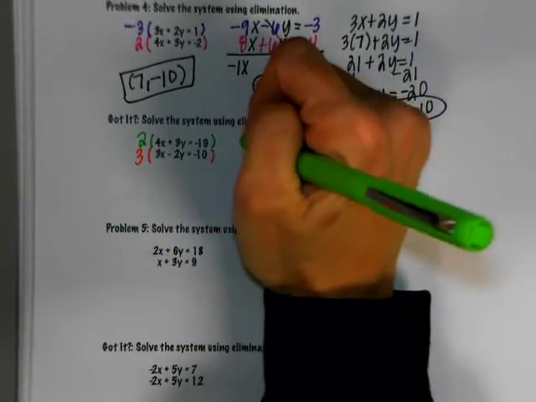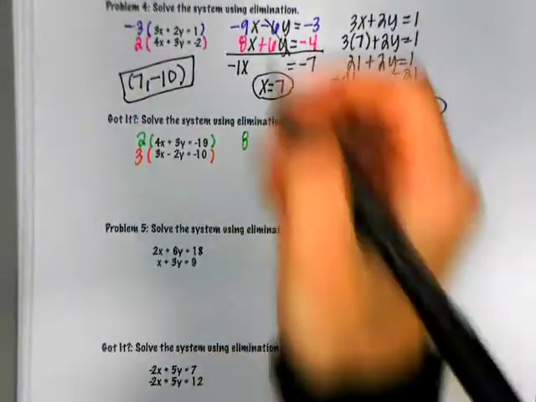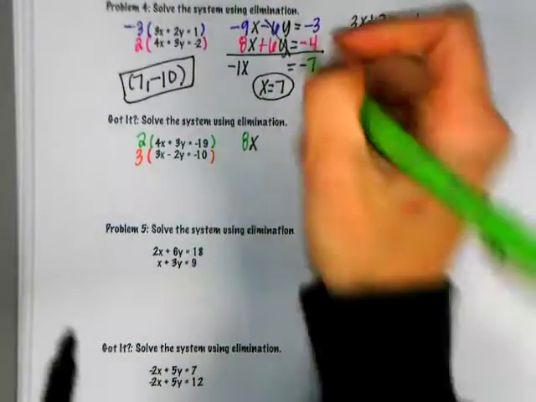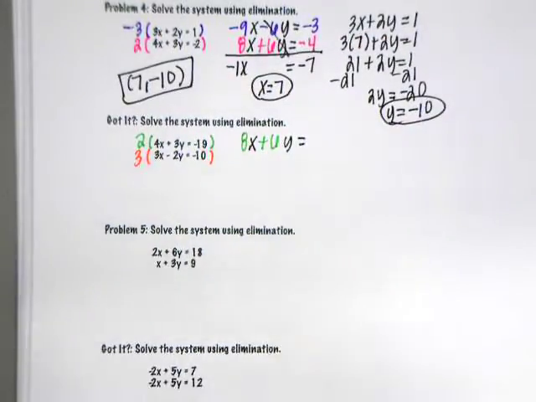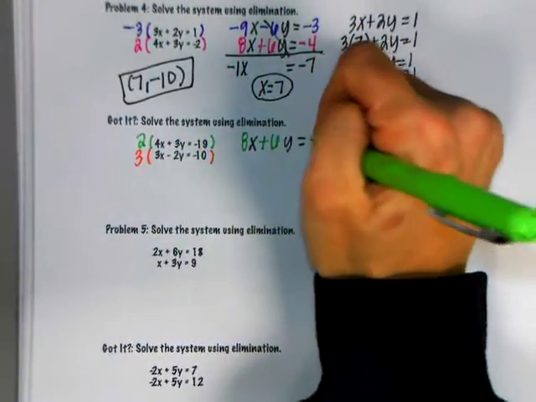Okay, so that's going to be 8x, and then a positive 6y, and then that's going to be a negative 38.